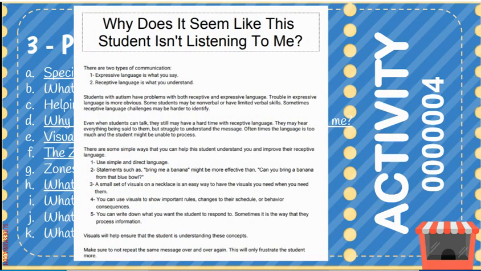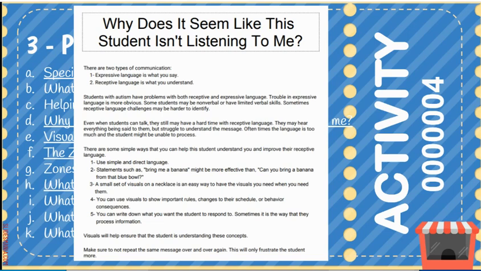The next page is really where we're going to focus our time in this section. It's about why does it seem like this student isn't listening to me? And it's about communication. There are two different types of communication. Expressive language is what you say. Receptive language is what you understand.